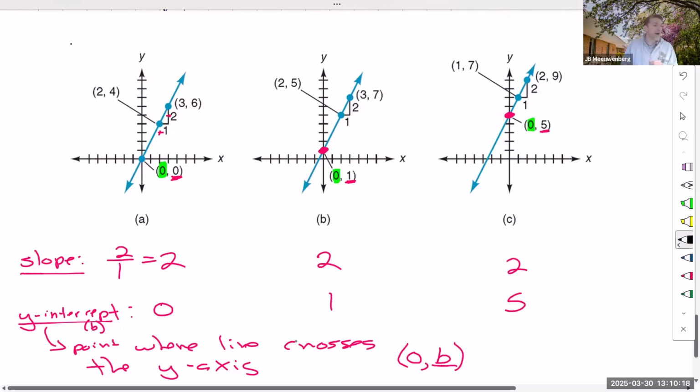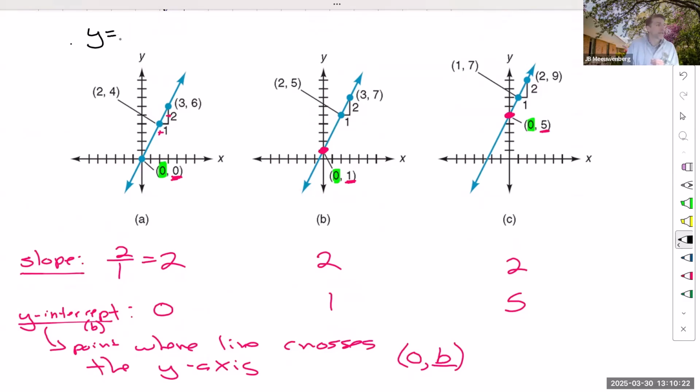We're going to use y equals mx plus b. And in place of the m, we put the slope. So it's going to be y equals 2x, and then plus the y-intercept number. Because it's 0, we tend to just drop that part of the equation off, and we write it as y equals 2x. If it crosses the y-axis at 0, we don't need to write plus 0.